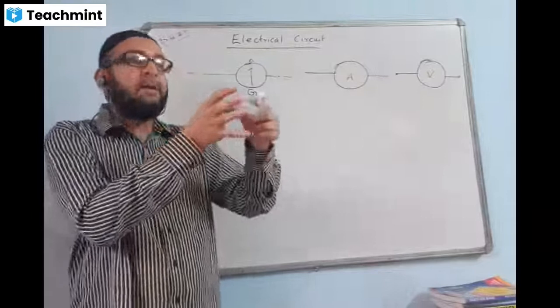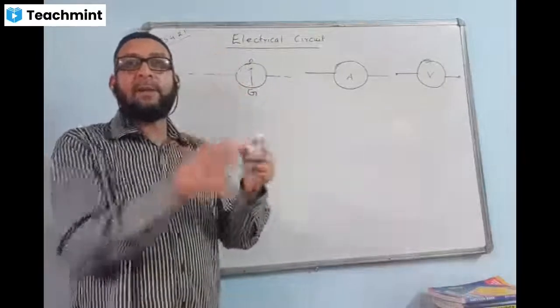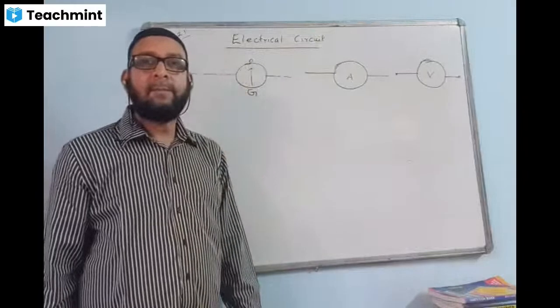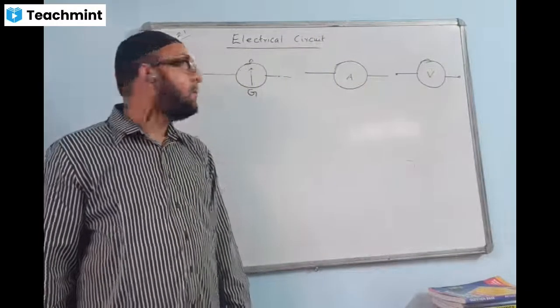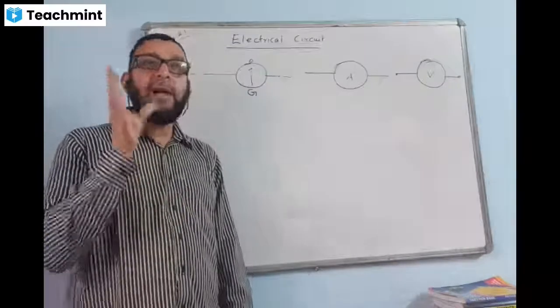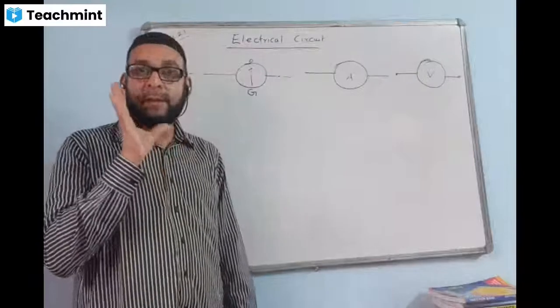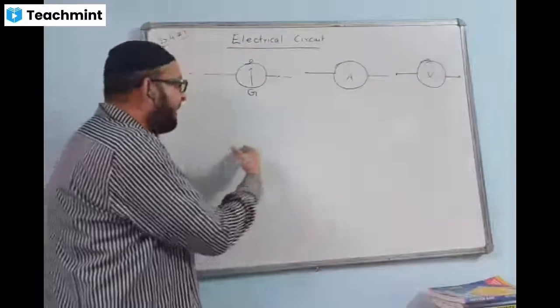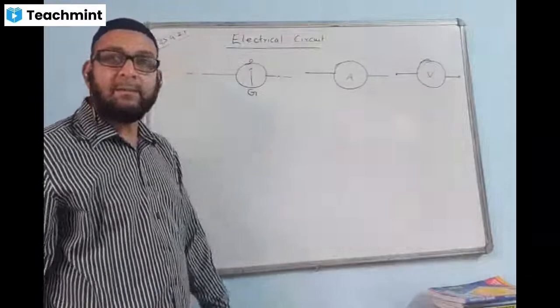If they obstruct current, they cannot either detect or measure the current accurately. They are to be always connected in series, because in series the current does not get distributed, current will remain the same. That is the idea behind.